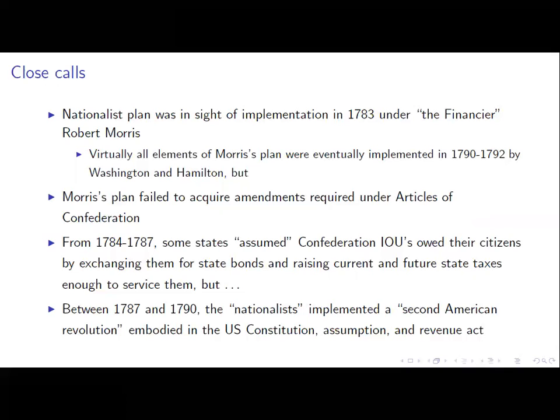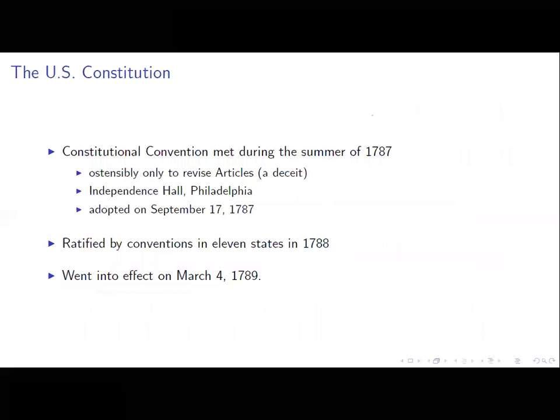So the nationalists decide that trying to amend the Articles of Confederation is not going to work. What we need to do is tear up the Articles of Confederation and write a new constitution. And that's going to happen in the summer of 1787 in Philadelphia.